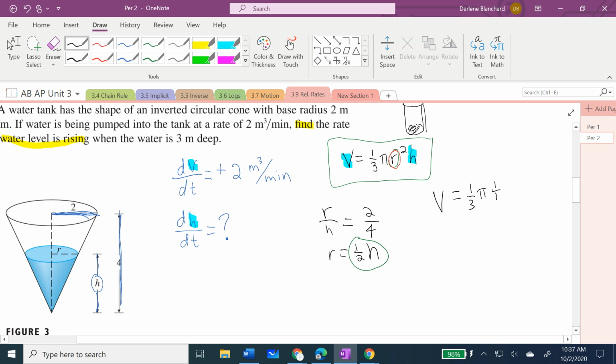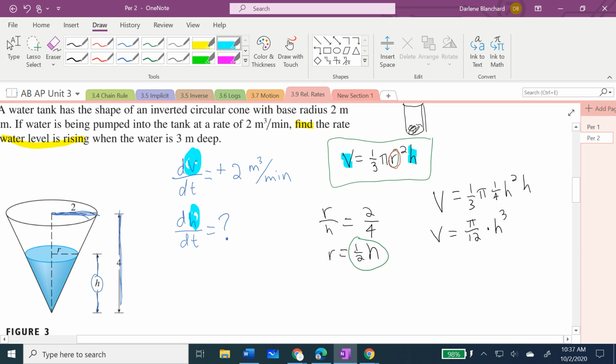I'm going to go ahead and just do the squaring, and then realize that what you have is a constant multiple, pi over 12 times h cubed. It is worth the time to do that simplifying. Now I have only the V and the H.